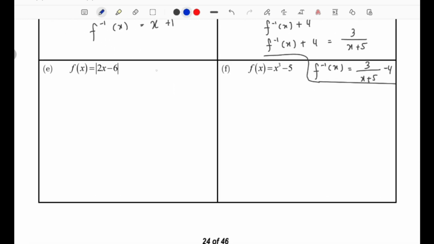E, modulus, absolute or modulus. We know that the absolute function is not a one-to-one function.